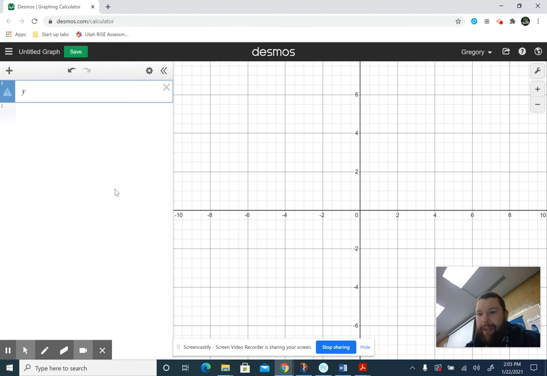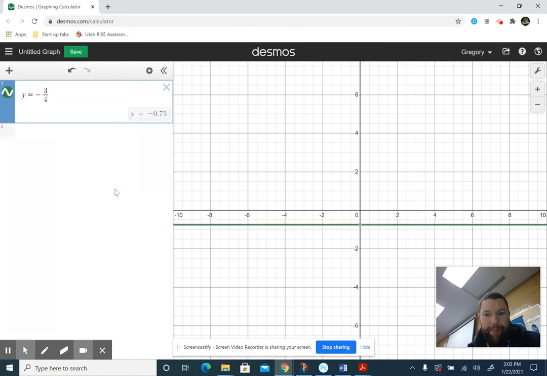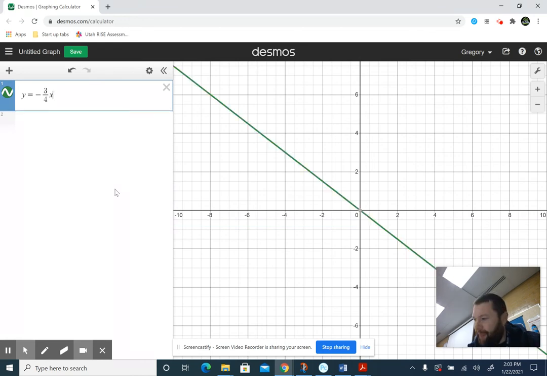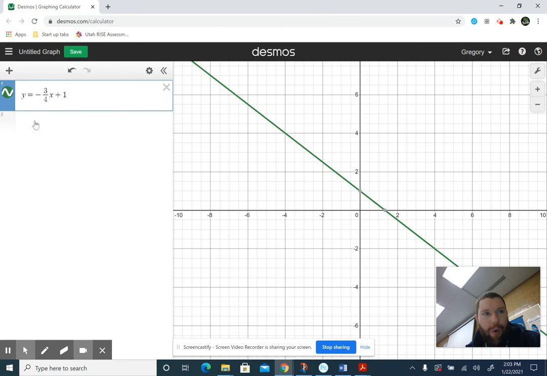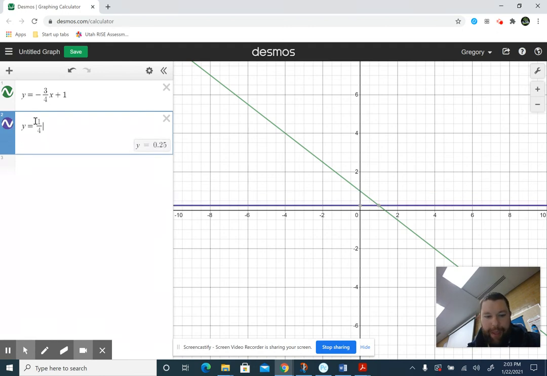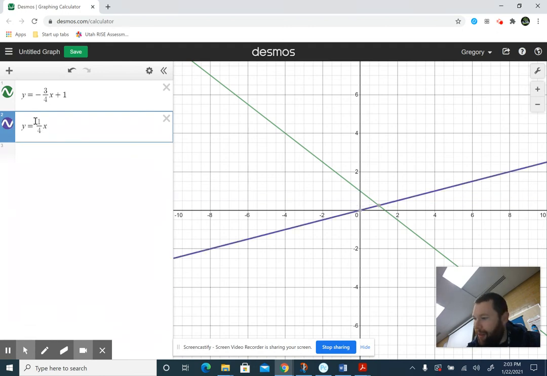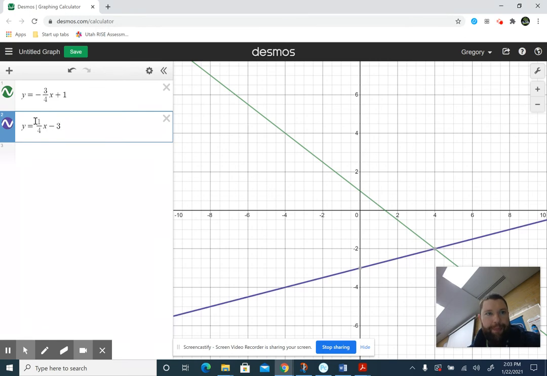So y equals negative 3 over 4x, and then plus 1 is one of my equations. And then y equals 1 over 4x minus 3. And those are my 2 lines.